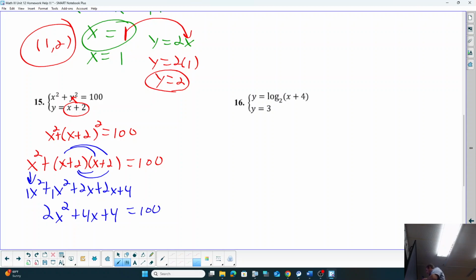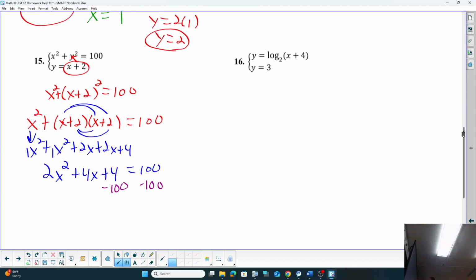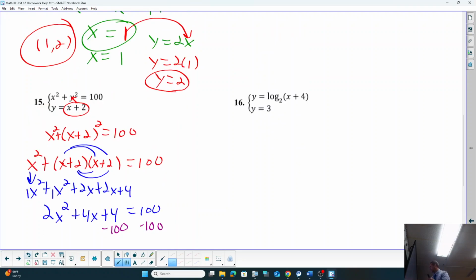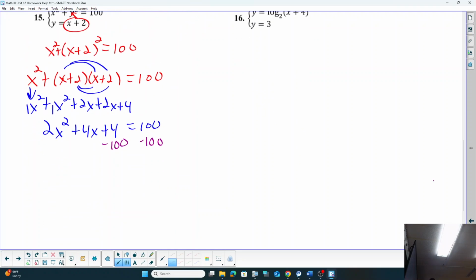We're going to subtract that 100 over to the other side. So then we get negative 96. Ooh, this is a spicy good one. So now we have 2x squared plus 4x minus 96 equals 0, because 4 minus 100 is negative 96.